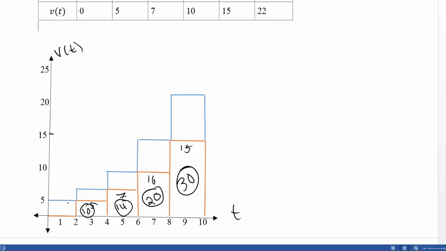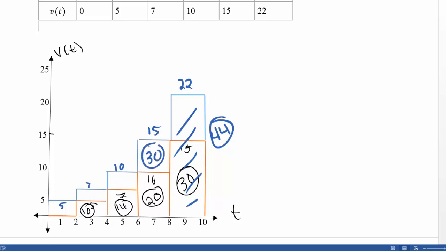So we do the same thing with the right-hand estimate. Now for each interval, we're assuming the rate on the right. So that's 5. And then this one goes up to 7. And then this one goes up to 10. This one to 15. And this one to 22. So the area of this whole block is 22 times 2, because again, the width is 2. That's 44. This is 15 times 2, which is 30.